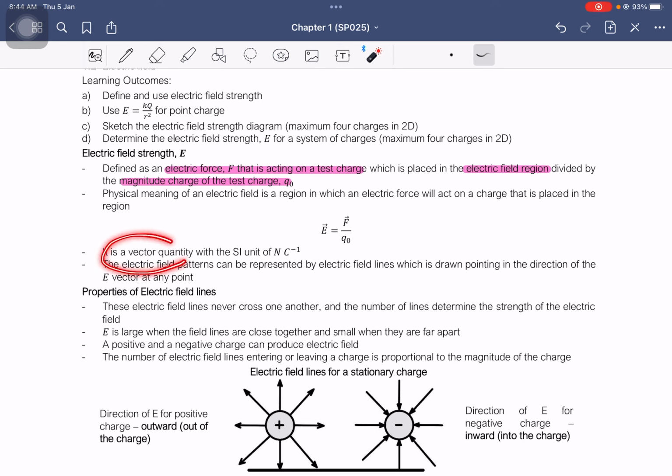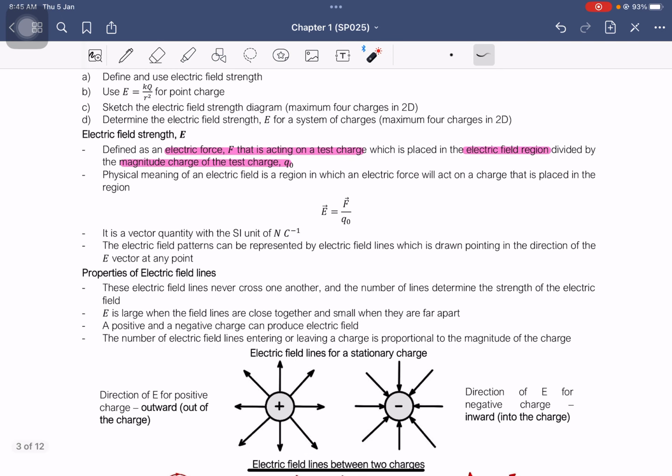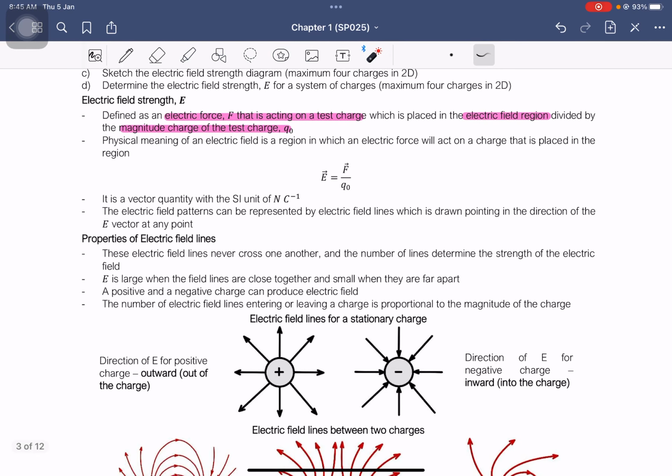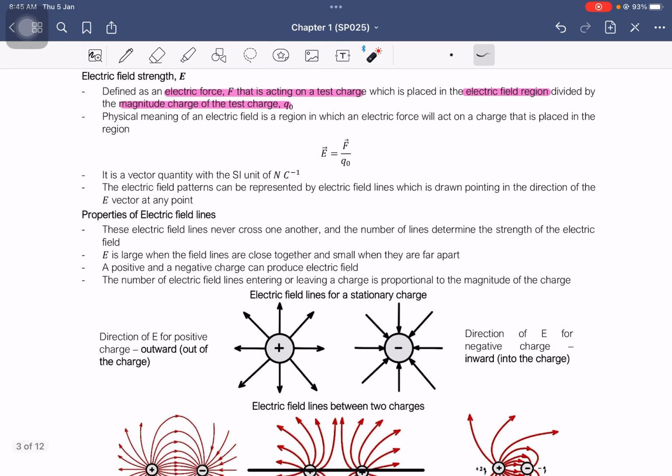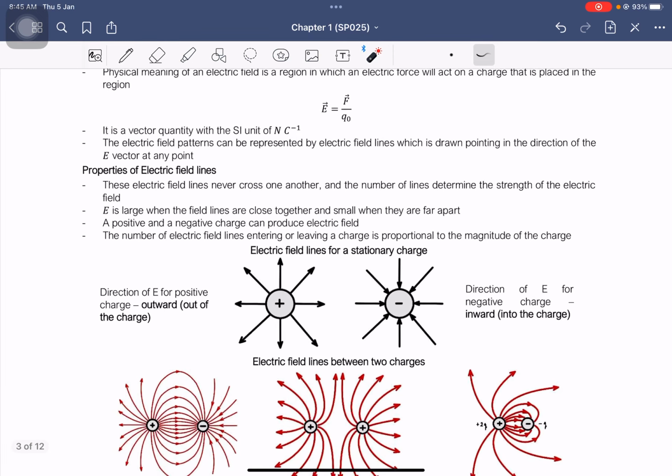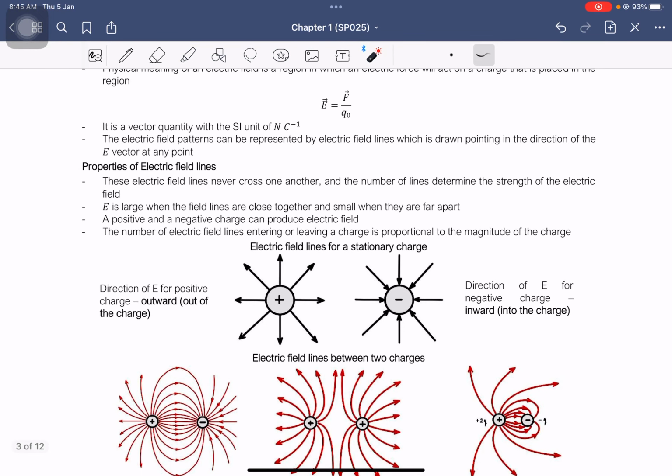So remember, since this is a vector quantity, we can resolve it into X and Y components, and it has directions. So the electric field patterns can be represented by electric field lines, which is drawn pointing in the direction of the electric field vector at any point. The properties of electric field lines are as shown here.